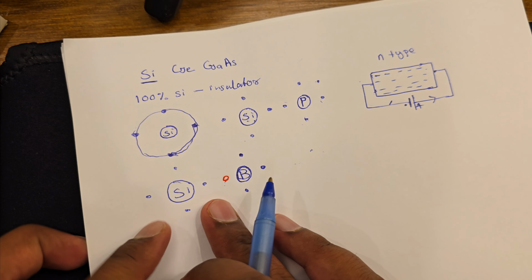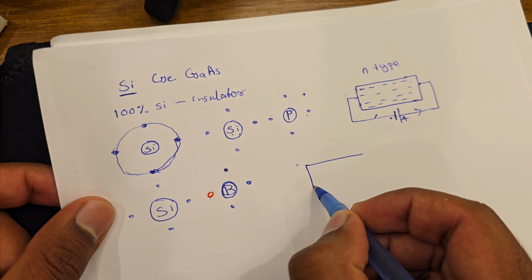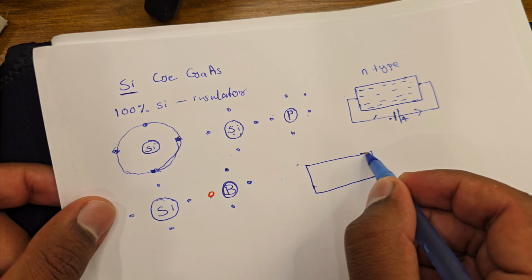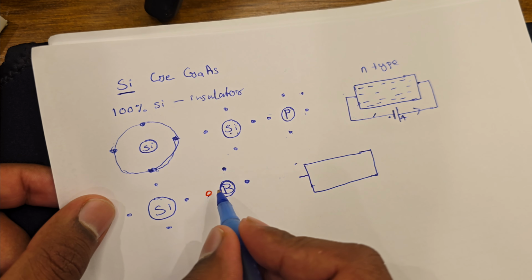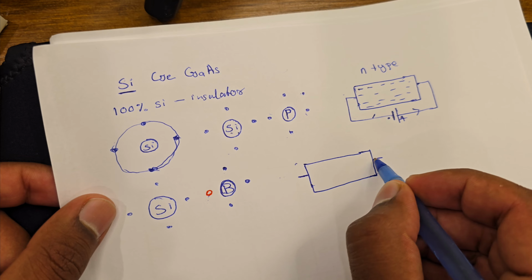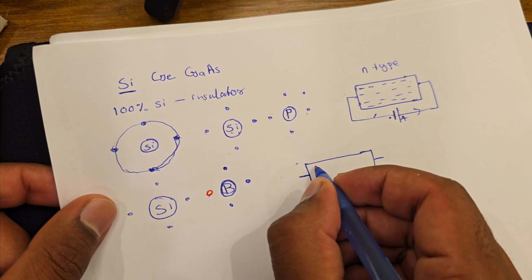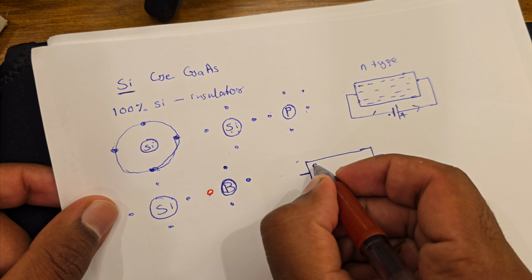So what just happened? We had a silicon semiconductor crystal. We added boron to it, and this boron created vacant spaces for electrons. So the crystal ended up with so many holes, like the vacancies. Let's do it with red.